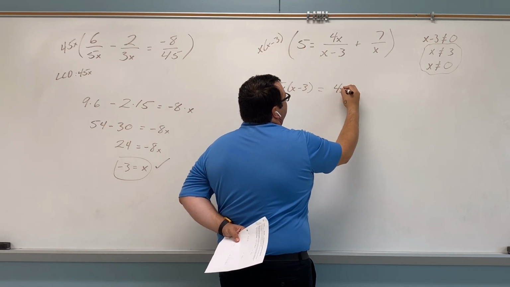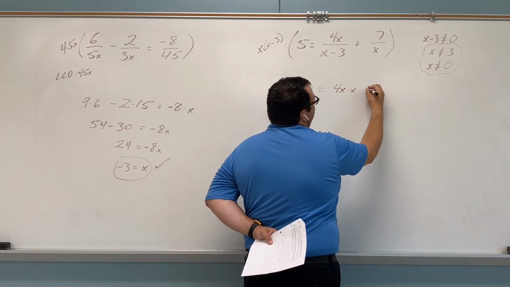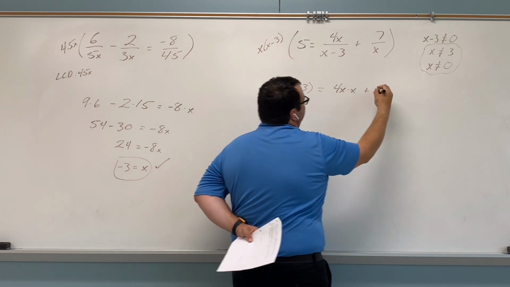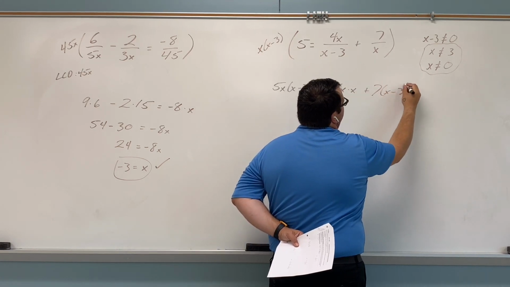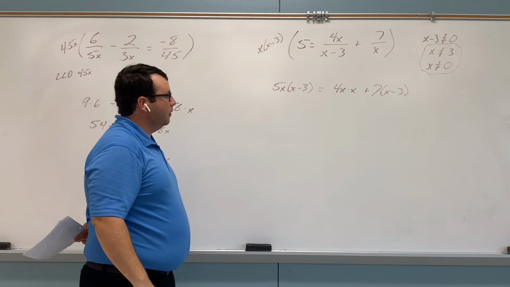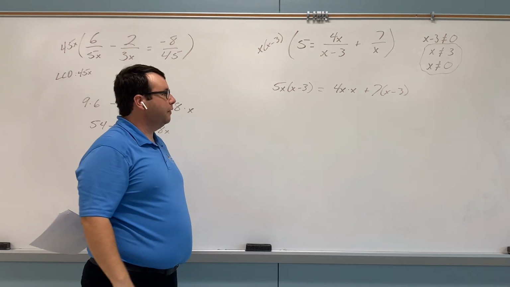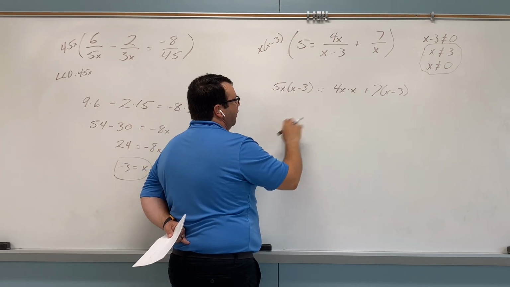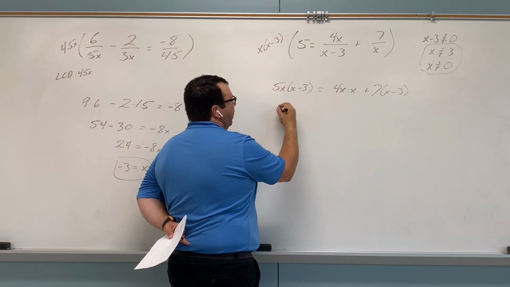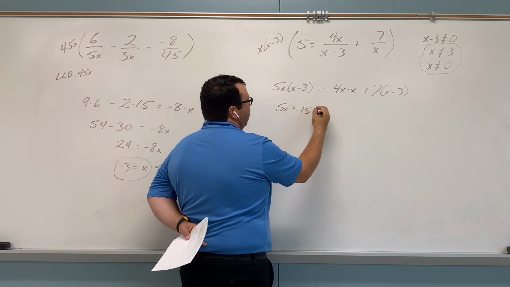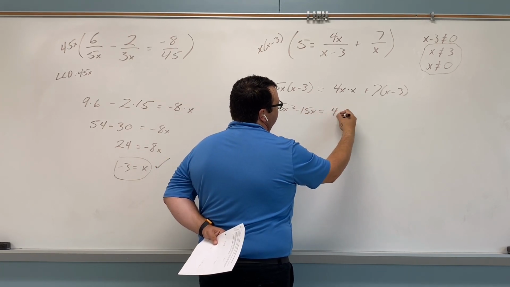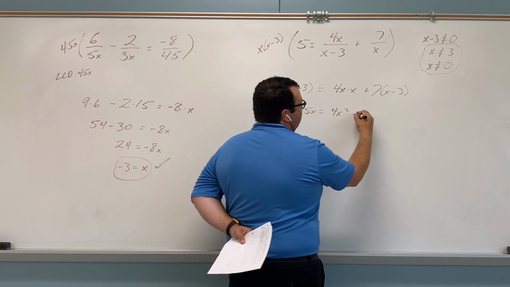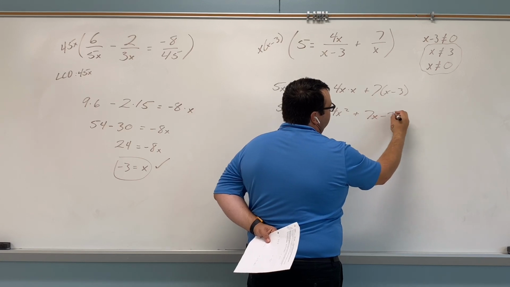That's 4x times x plus x cancels here. That's 7 times x minus 3. So we've cleared our fractions. Awesome. Let's distribute. Let's simplify our stuff here. So that gives me 5x squared minus 15x is equal to 4x squared plus that's 7x minus 21.